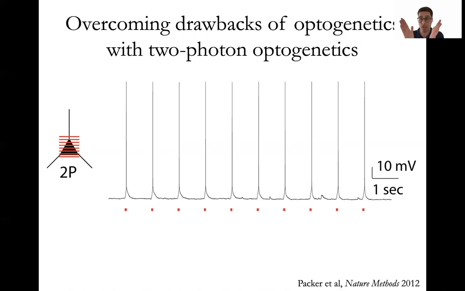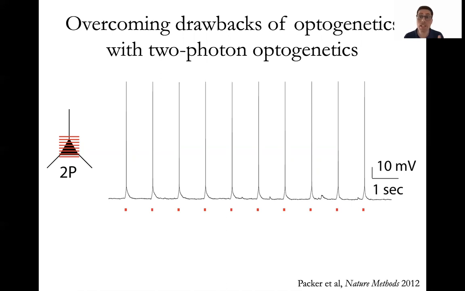You can only get these 2 photons to absorb simultaneously where the photon flux is very high, in the focus of the light. So you can have a neuron expressing opsin, and you can scan a laser beam capable of 2-photon excitation across the cell body and generate spikes in that neuron via this approach, which allows you to target that individual neuron because of the inherent resolution and sectioning capabilities of 2-photon excitation.